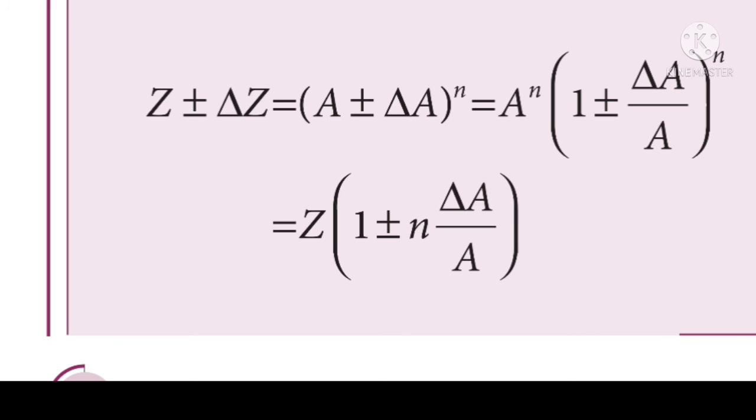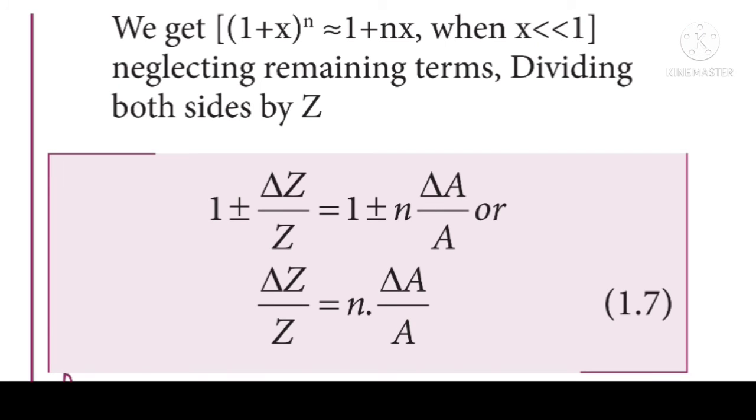Z. Hence the equation becomes Z plus or minus del Z is equal to Z into 1 plus or minus n into del A by A. Now we divide the left hand side and the right hand side by Z. We will get 1 plus or minus del Z by Z is equal to 1 plus or minus n into del A by A. Now we have 1 on both sides, so we can cancel these ones. We will get del Z by Z is equal to n into del A by A.